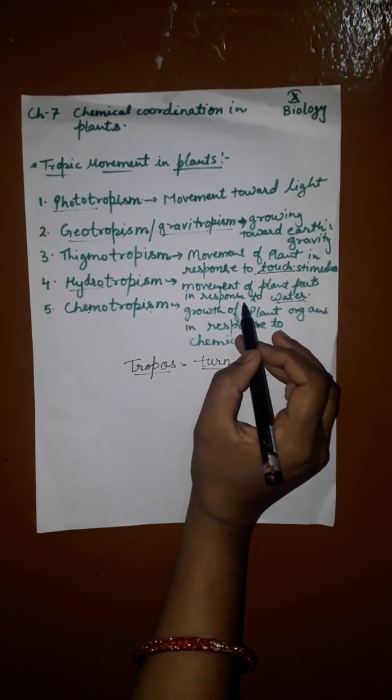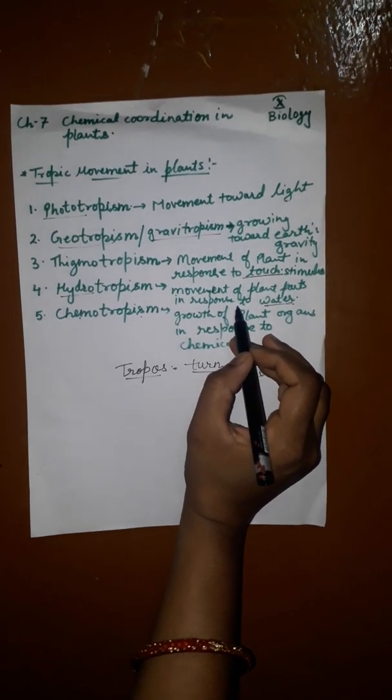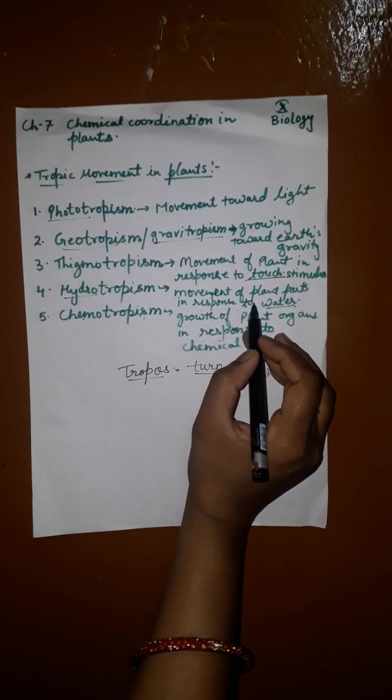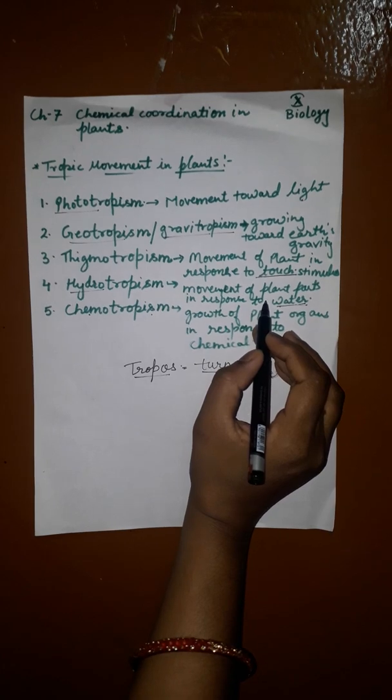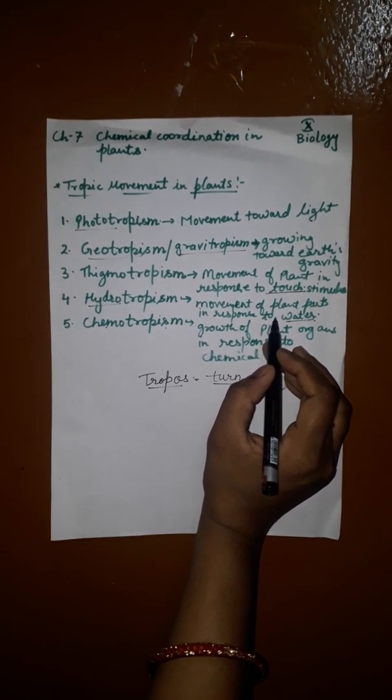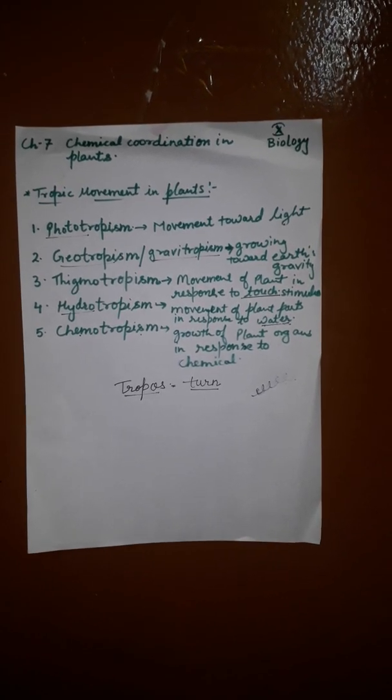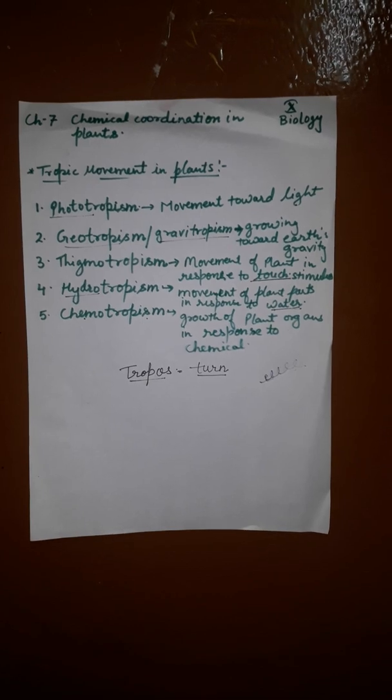Thus, roots are positively hydrotropic. An example of negative hydrotropic is the shoot. When a plant part grows away from the source of moisture, it is said to be negatively hydrotropic. Negative hydrotropic example is shoot, and positive hydrotropic example is root.